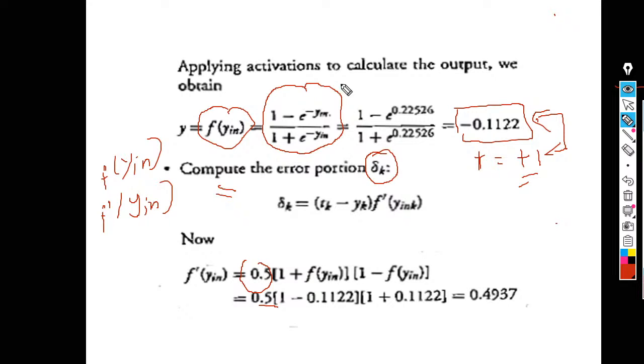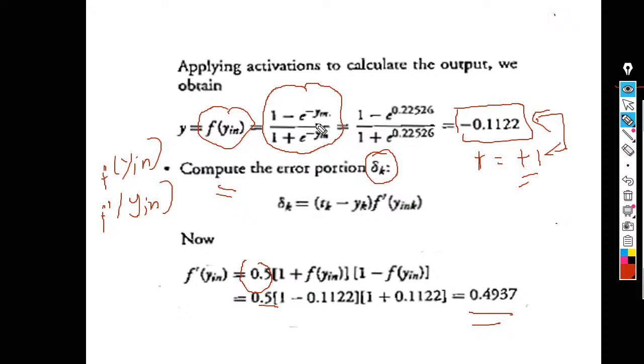Now you just need to substitute f of y in, and you will get the value of f dash of y in. It is very easy to calculate the derivative of the function at every step. This is the specialty of this algorithm: calculating the derivative becomes much easier if the function is like this. So we got f dash of y in as 0.4937.